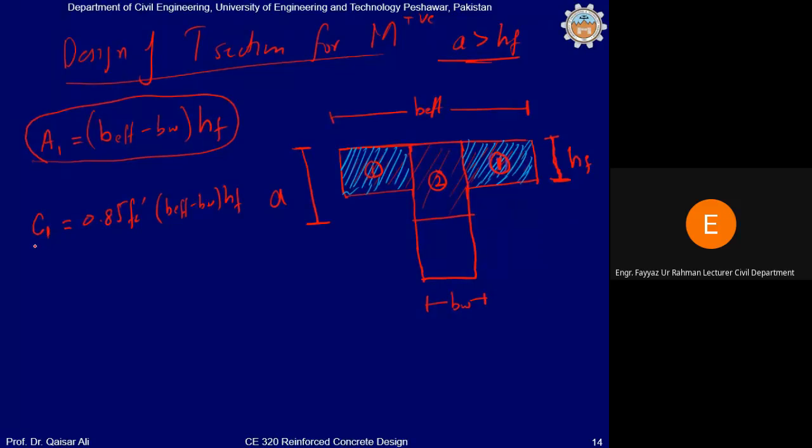अच्छा, now corresponding to this, you can also calculate the reinforcement required to balance this compression force. बात समझ में आ रही है ना? So the tensile force, which will basically balance this compression force, will be equal to As1 multiplied by fy.